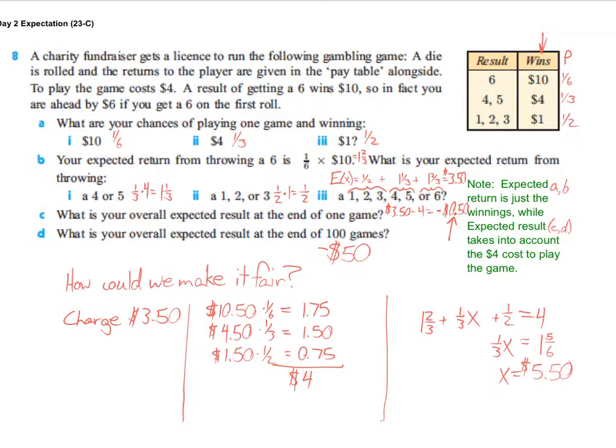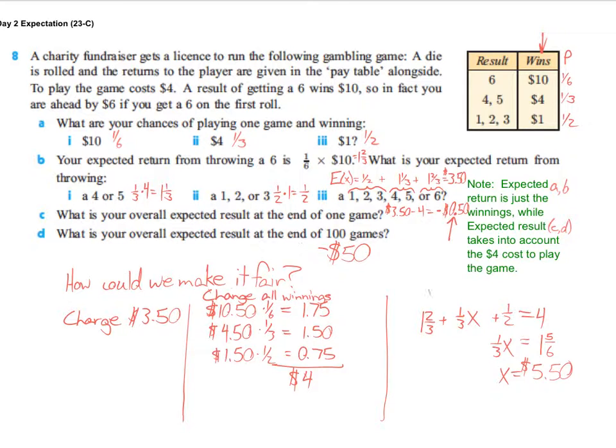We're not going to do any others right now, but so we had 3 different ways that we could make it fair. And if you were the designer of this game, you could take any of these strategies. Okay? We could change all payouts, all the winnings.